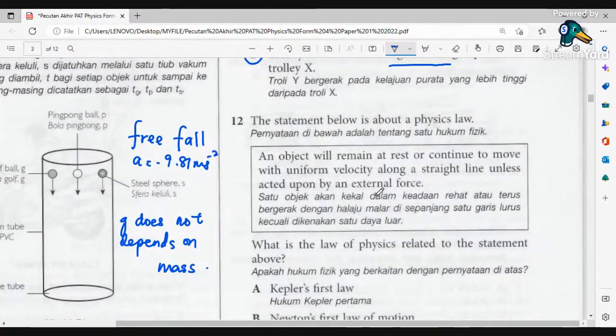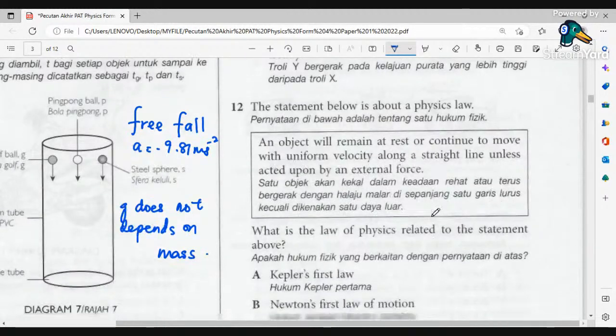Okay, number 12. An object remain at rest or continue to move with uniform velocity along straight line unless acted on by external force. Okay, so this one actually Newton's first law. Okay, so what is law of physics related to statement above?